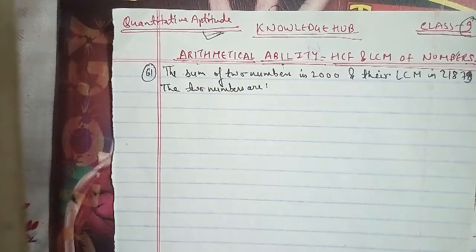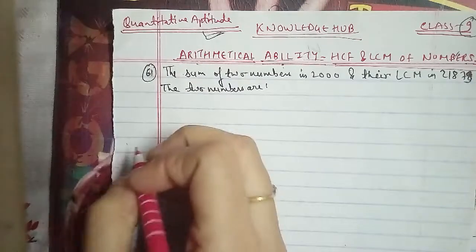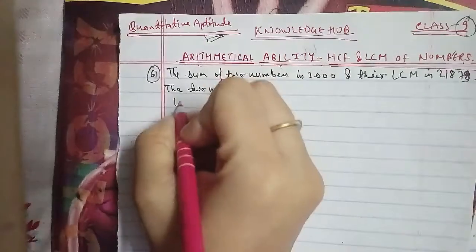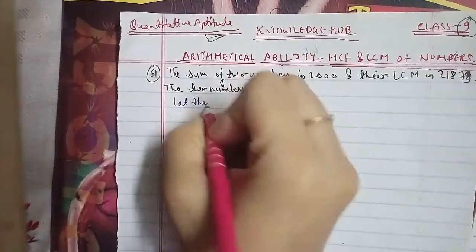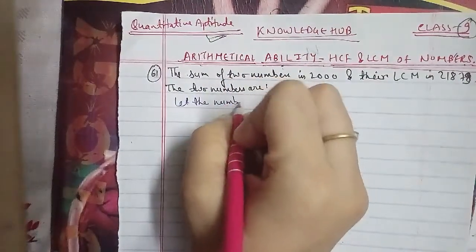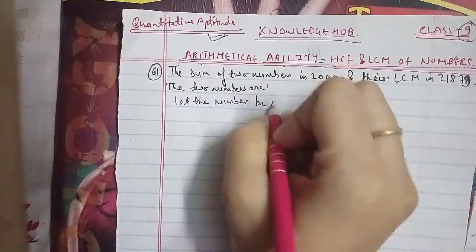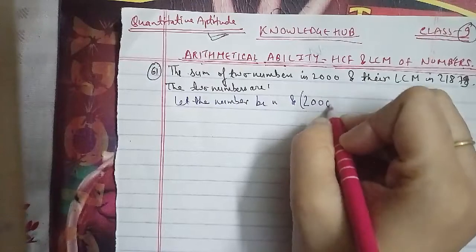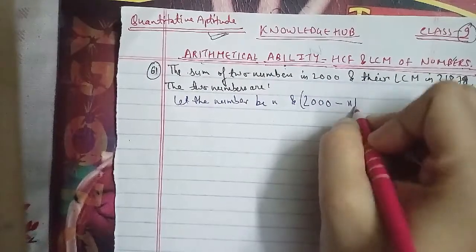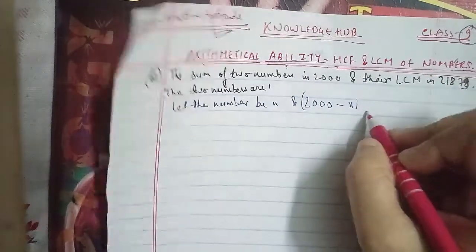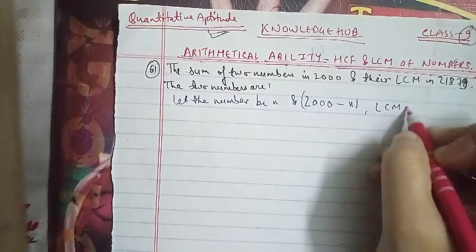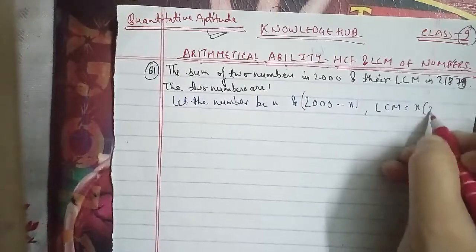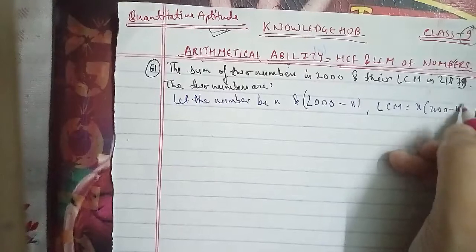So with the same case, let the numbers be x and 2000 minus x. Then LCM equals x into (2000 minus x).